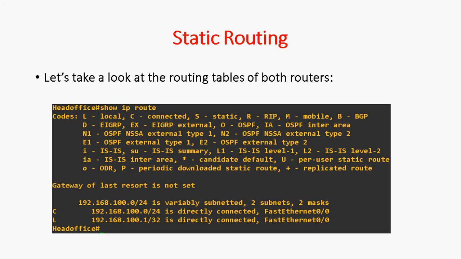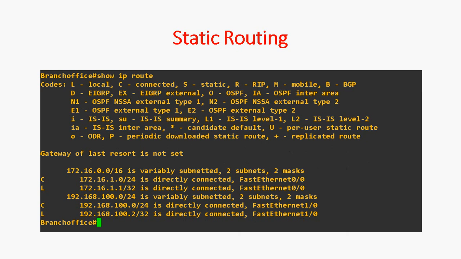How did the router add this entry into the routing table? Because on the head office interface FA0/0, I configured that IP address as well as subnet mask. Based upon that IP and subnet mask, the router knows the network ID, so that's why it added it into the routing table and shows C as a directly connected network. The same command I give in branch office, show ip route.